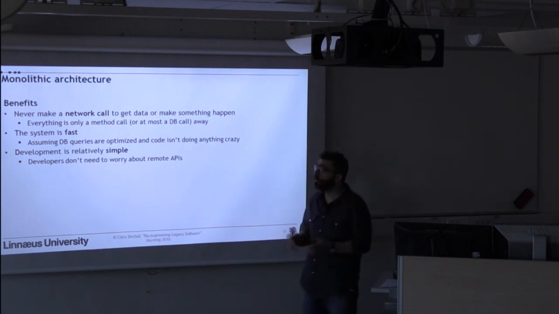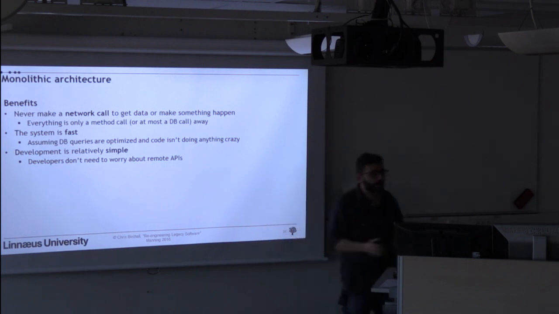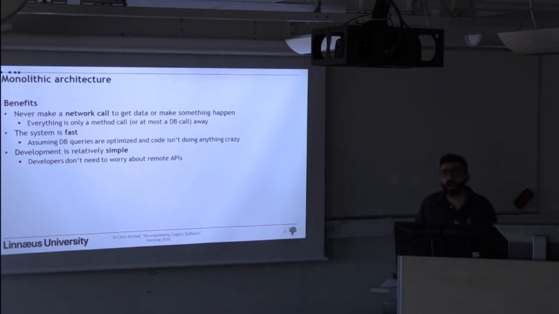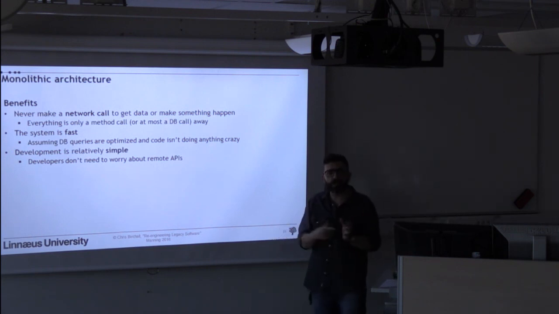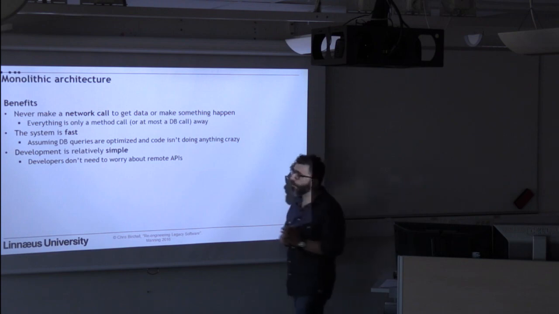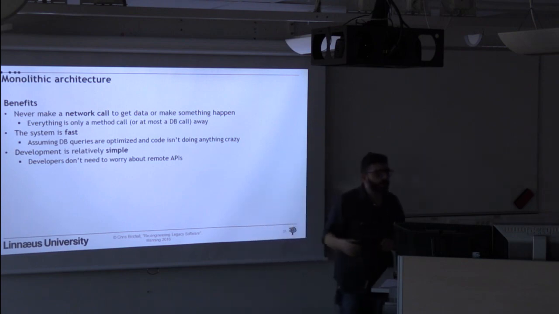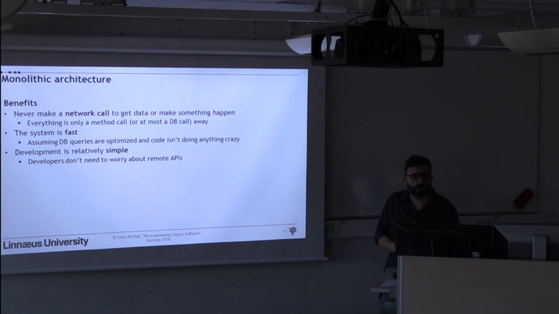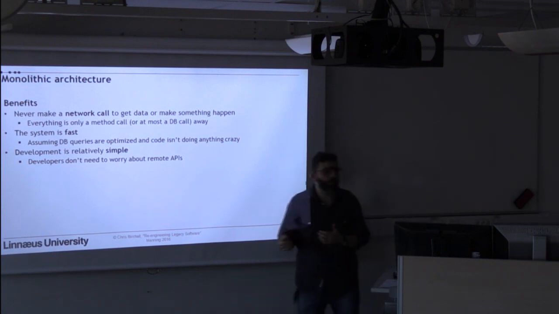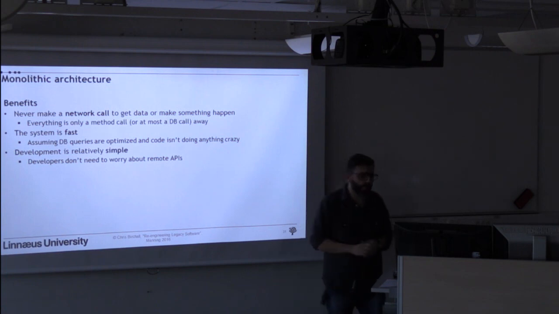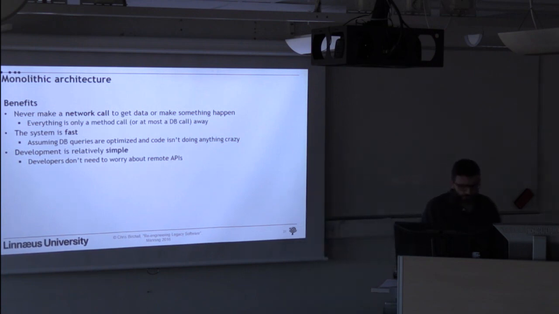Okay. Then if you need high performance, avoiding the network between the two subsystems that are interacting with each other is better. Okay. Then usually the system is also fast. Okay. For example, assuming DB queries might be optimized and the code doesn't do anything crazy. I mean, you might optimize the interaction with the database.